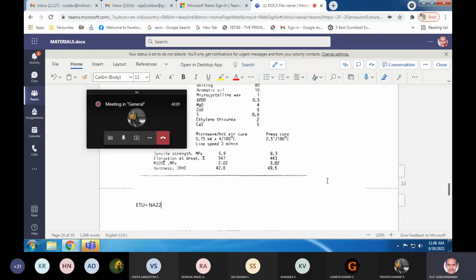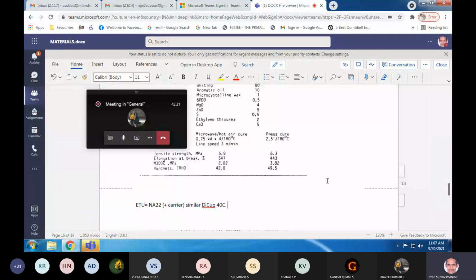This is called, in the industry, identified as Na22. Right? Na22 carries ETU plus some carrier, similar to dicumyl peroxide, similar to Dicup 40C, meaning active dicumyl peroxide is 40%.